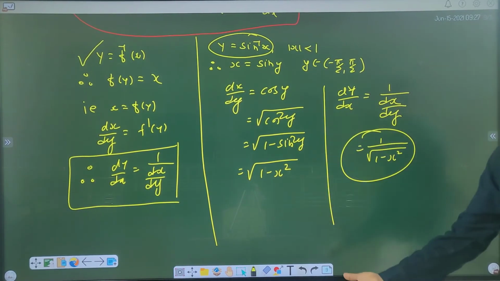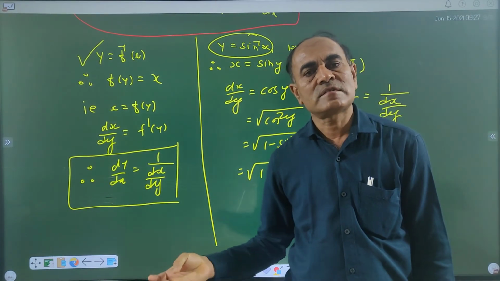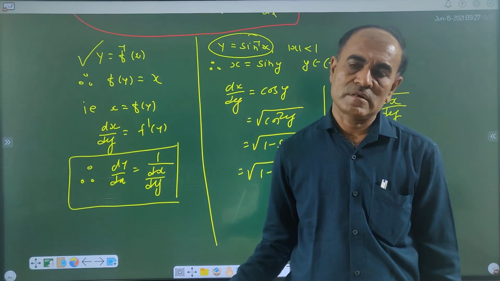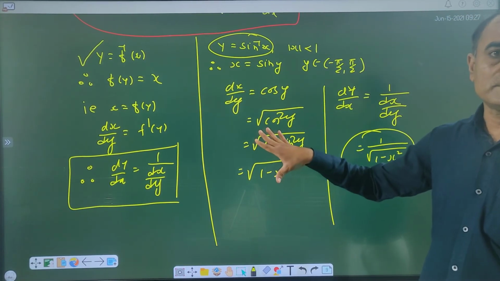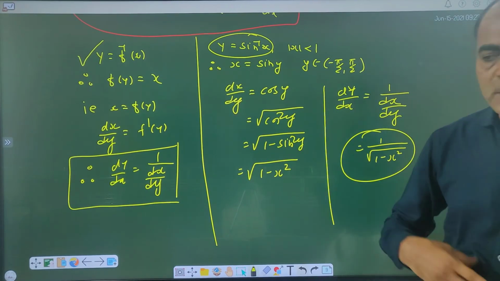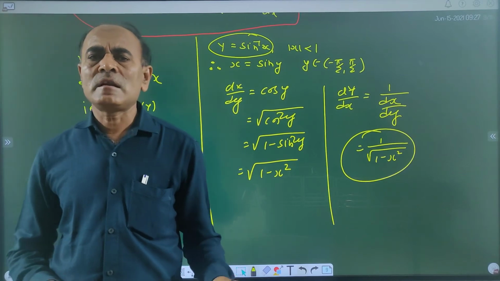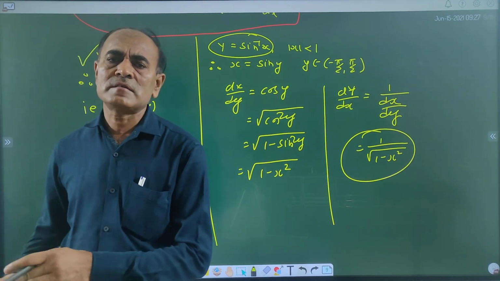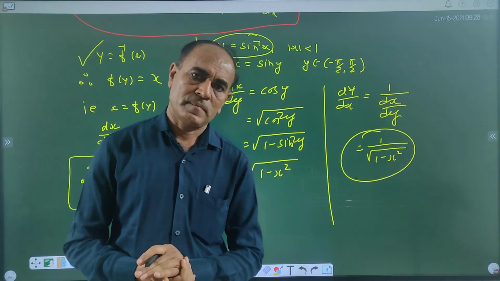Same way we can find the derivative of cos inverse x, tan inverse x, cot inverse x, sec inverse x and cosec inverse x. Of course it's a theoretical part, but as far as board exam or JEE is concerned, in general 10th, 11th, 12th, proofs of results are not included in the board exam.